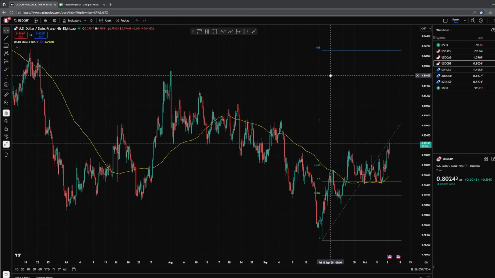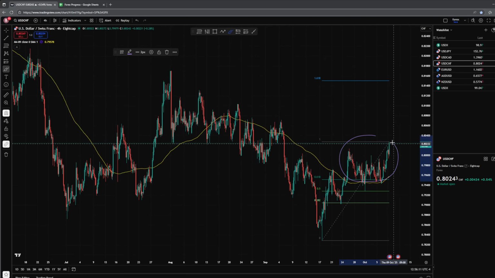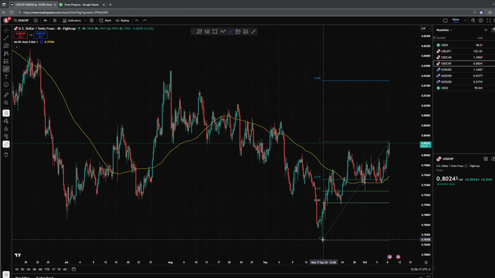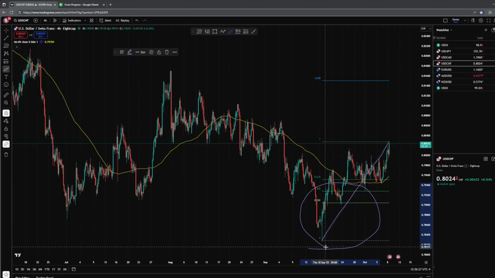So USD Schweizer franc. So here, we have plenty of candles hanging out above the yellow moving average line, but if you compare the price wise relative to positions of the moving average, the majority, more than 50% of the candles price wise are hanging out below the yellow moving average line, right?